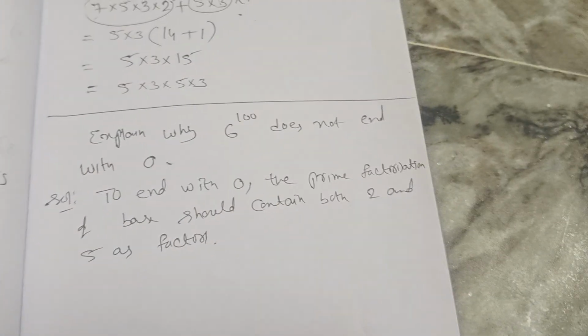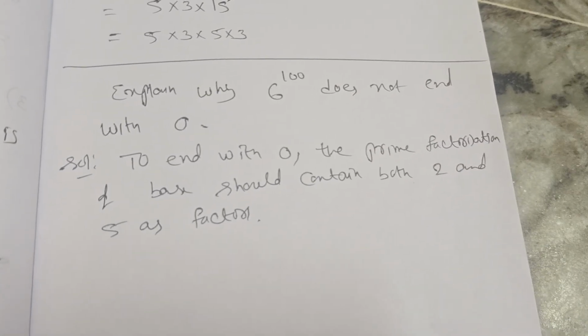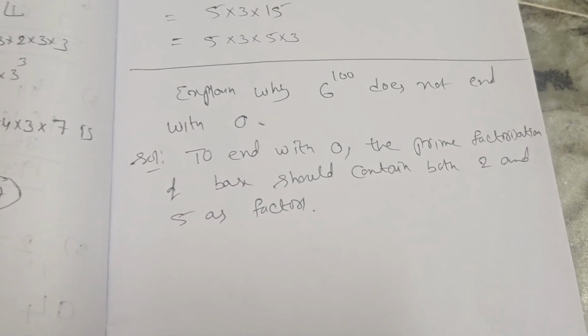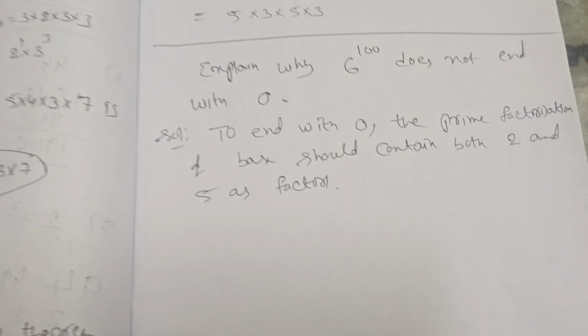Why should it contain both 2 and 5? Because the combination of 2 and 5 gives 10. Suppose here 2 into 5, 10. Whenever you do 10 power anything, you will get 0 in the ones place.